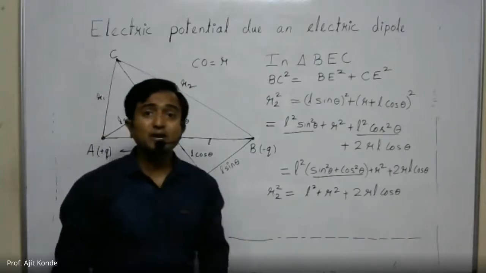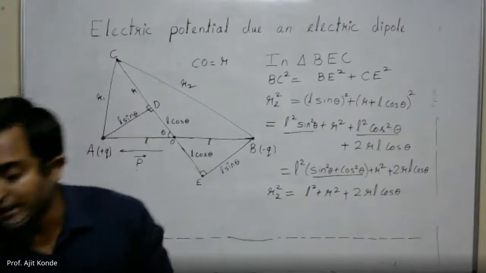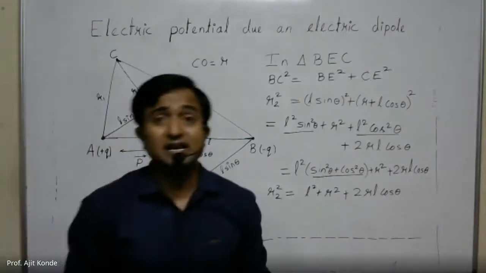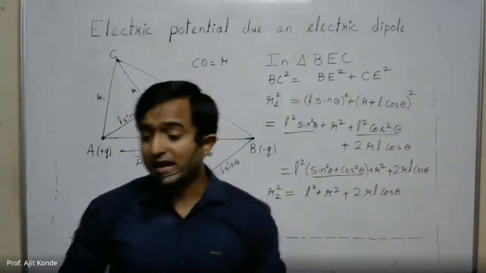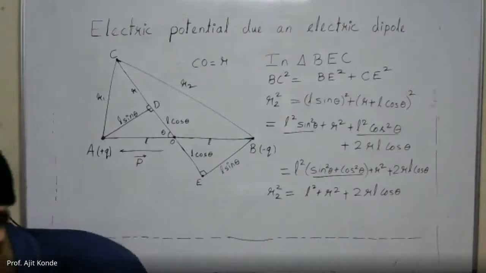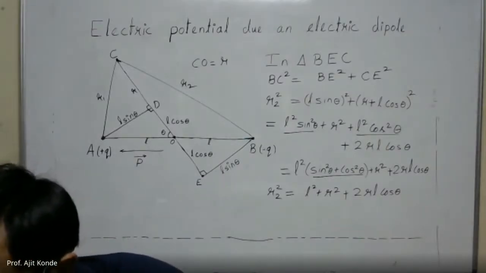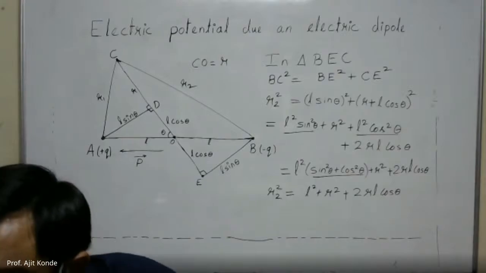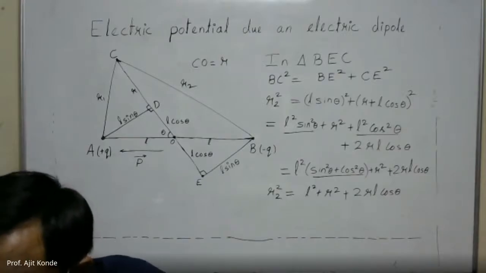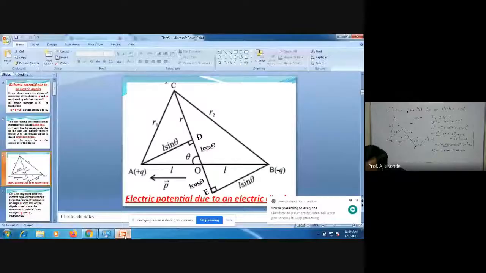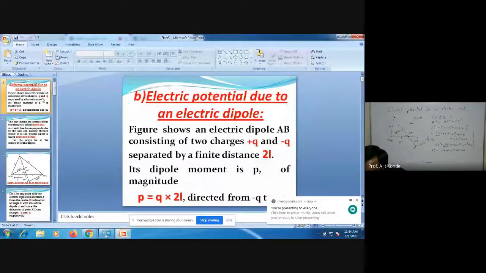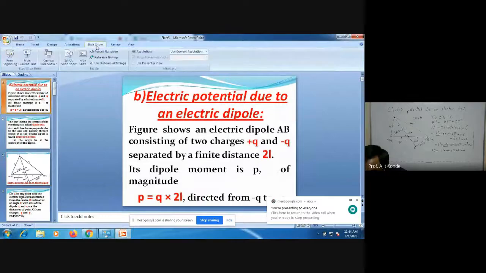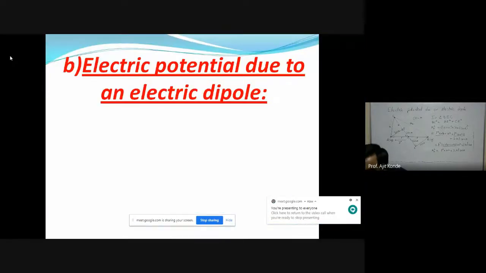What is the appropriate way to explain the diagram? We will see inside the PPT. But before that, you should understand what an electric dipole is. When we see an electric dipole, we have two charges of same magnitude, but opposite charges.